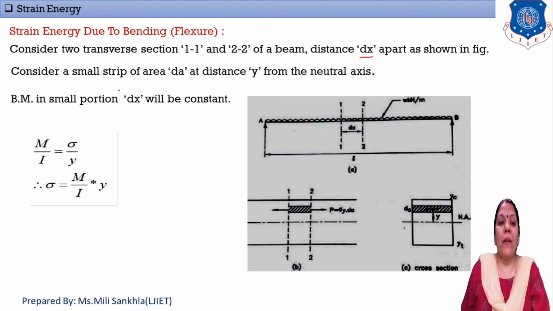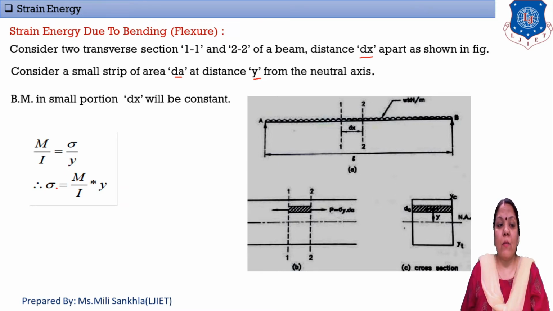Okay, the area of this small strip is dA, at distance y from the neutral axis, and the bending moment in the distance dx is also constant. Now in the chapter of bending stress we derived M by I is equal to sigma by y, and sigma we can also write as f.